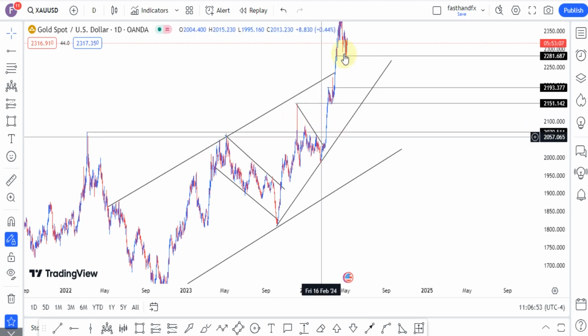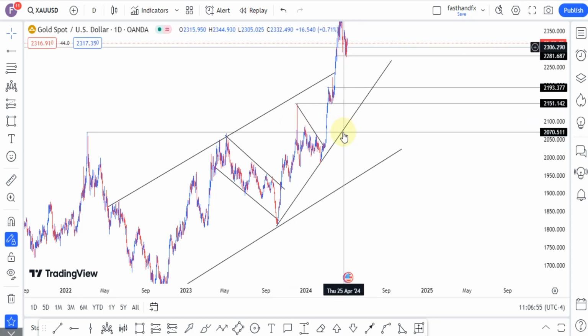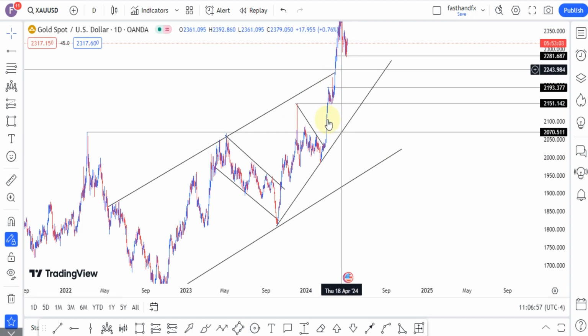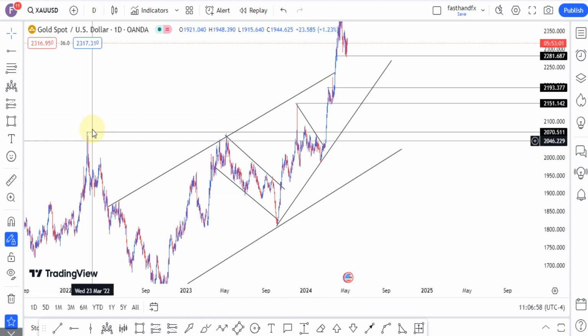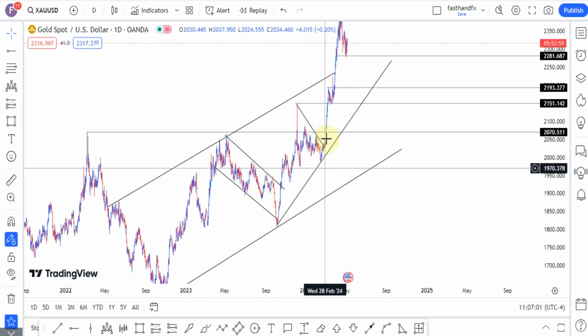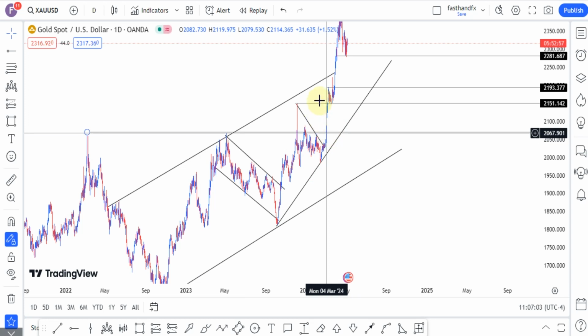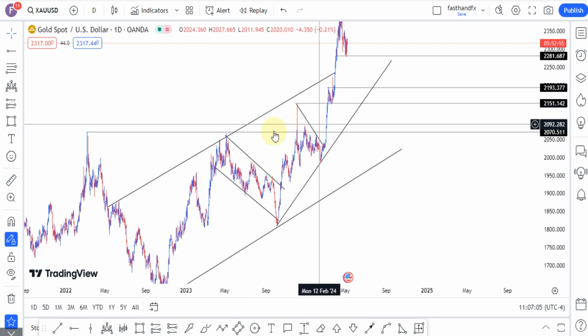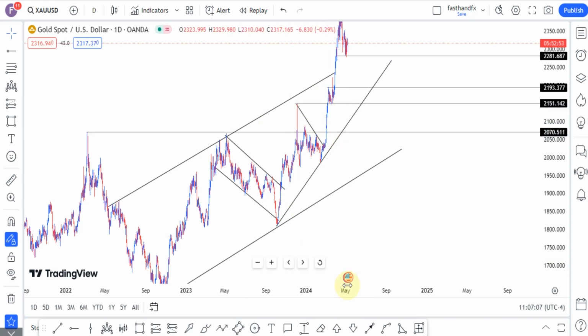But after the market has broken above this area, when the market is above this area, we call it a support area.